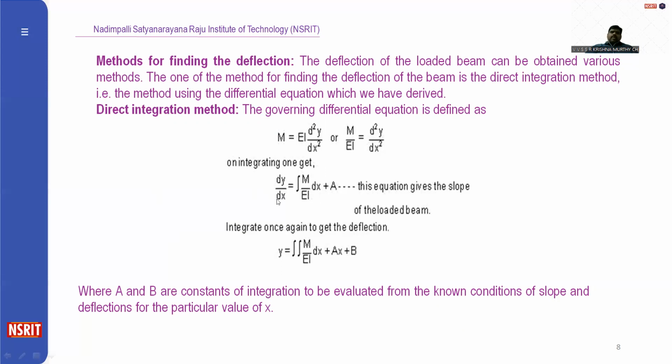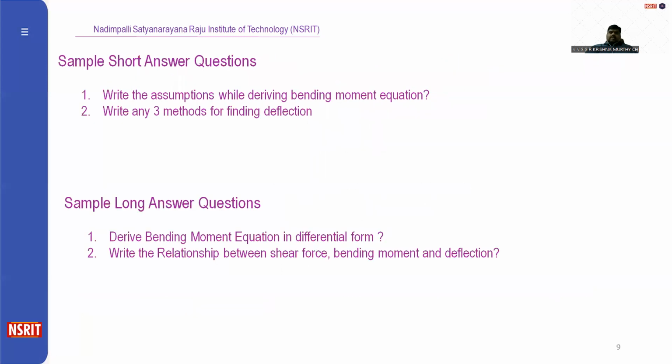On first integration, I get the slope: integrating both sides, dy by dx is equal to the integral of M by EI dx plus A. This equation gives us the slope. On integrating again, I can find the deflection, because y is nothing but the deflection. So y is equal to the double integral of M by EI dx dx plus Ax plus B, where A and B are the constants of integration to be evaluated using the boundary conditions at particular values of x.